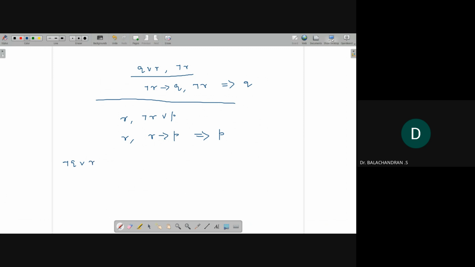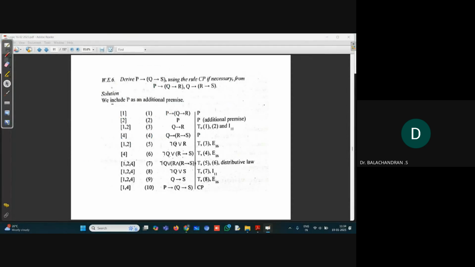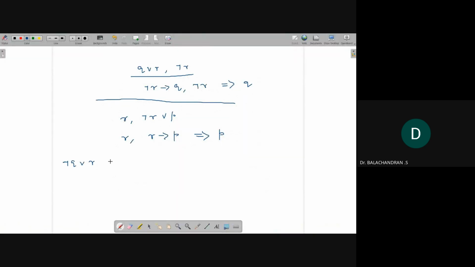And then negation Q or R in places. So actually this is P, this is Q. So P, Q implies P and Q. P and Q means (negation Q or R) and (negation Q or (R → S)).